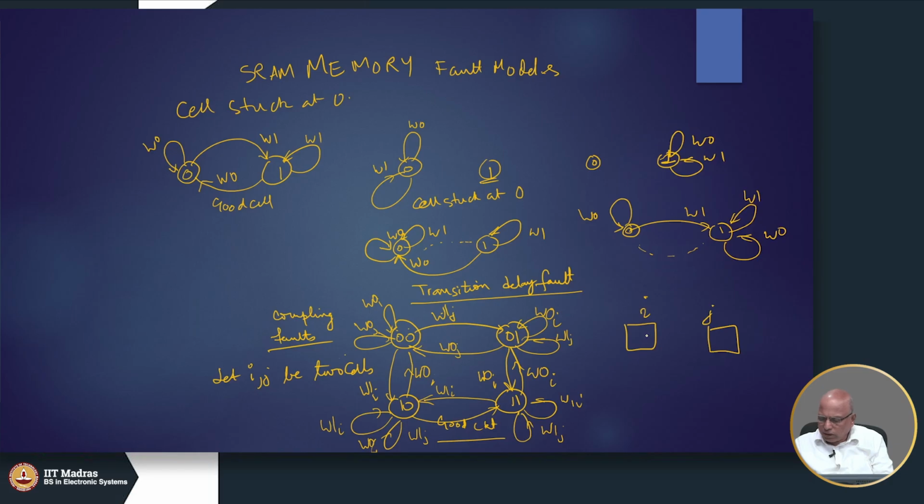If you try to write something into I, it may cause j also to change. If you try to write a 1 here, this may also get written with that 1. So, it will not behave like this. This is a good circuit. So, it will not behave like this.